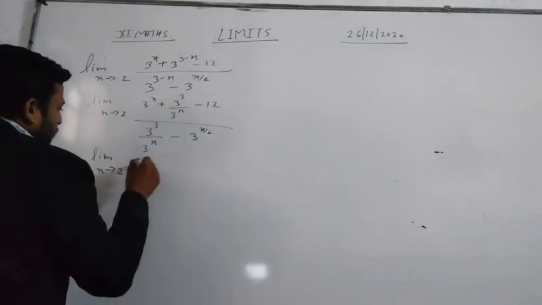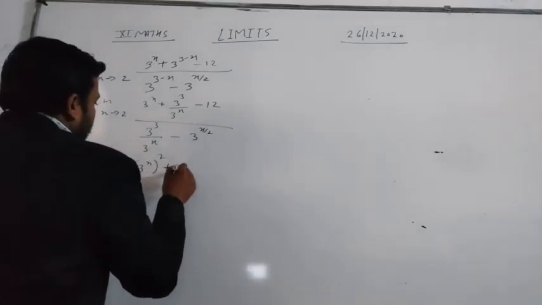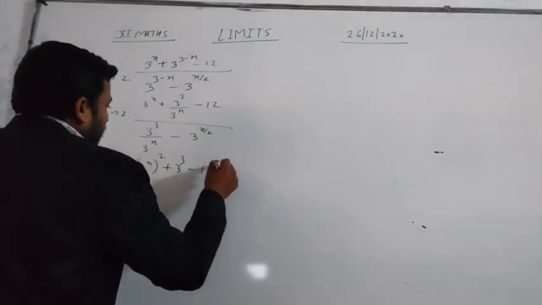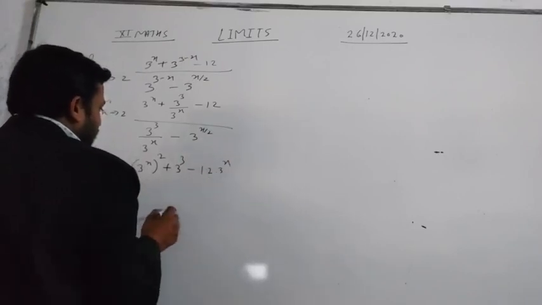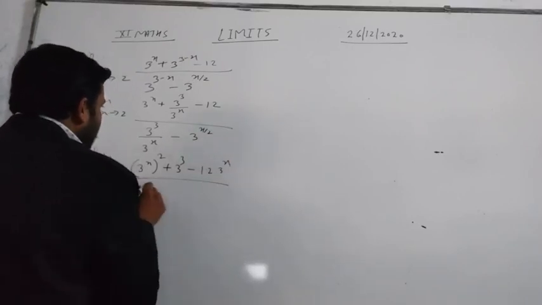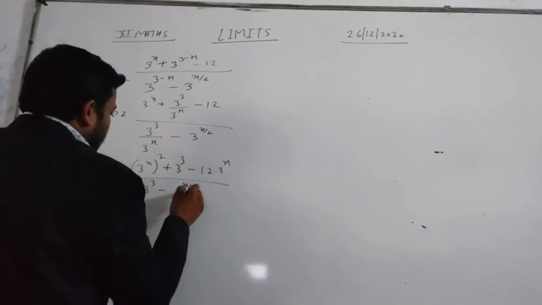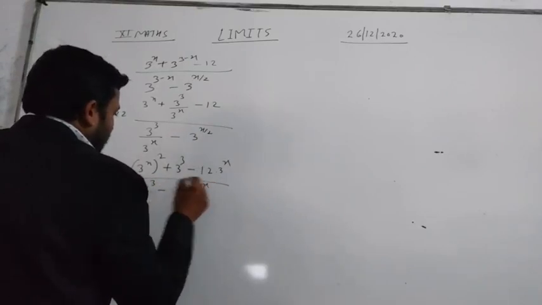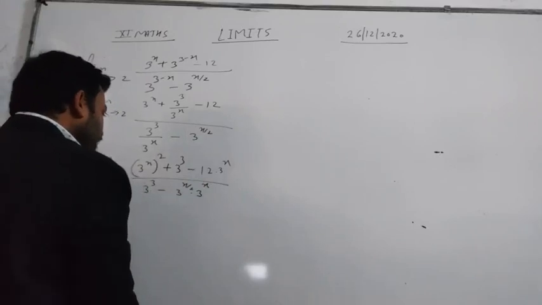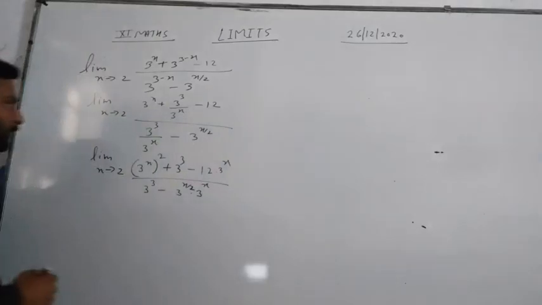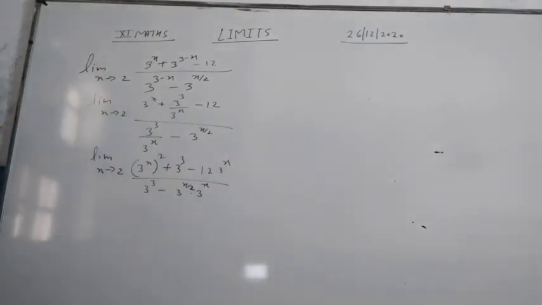We write (3 to the power x) whole square plus 3 to the power 3 minus 12 into 3 to the power x, and by 3 to the power 3 minus 3 to the power x by 2 into 3 to the power x. Okay, and this 3 to the power x and 3 to the power x will be reduced. Okay, student.